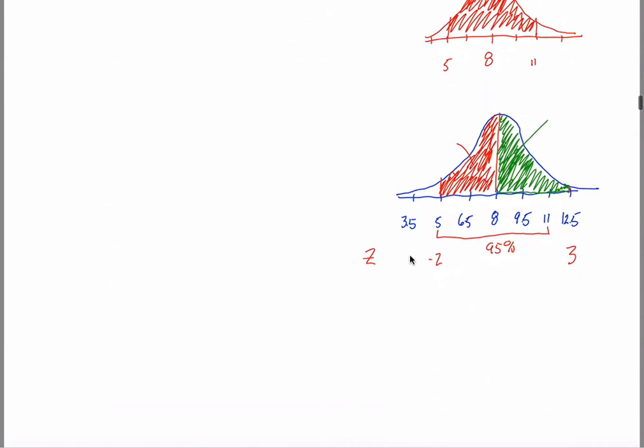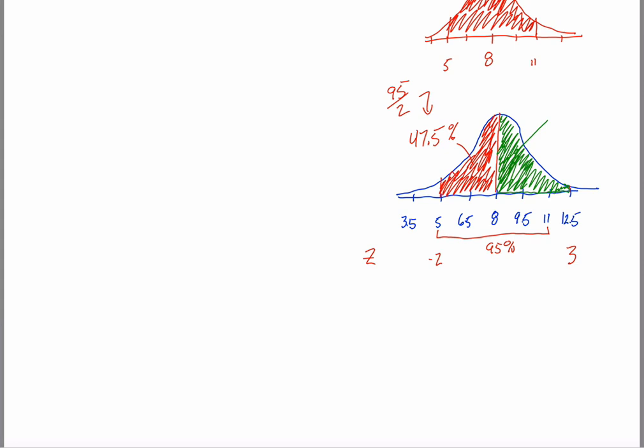If the question asked, on what percentage of nights do I sleep between 5 and 11 hours, the answer would have been 95%. It doesn't ask that, unfortunately. But if from here to here is 95%, then half of 95%, you might want to plug that into a calculator or something, 47.5%, is over on the left.